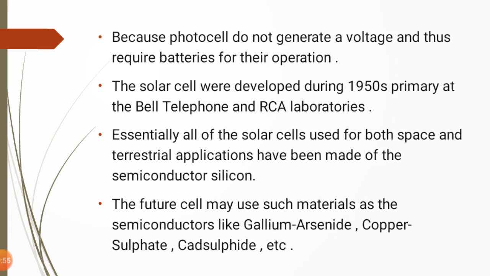For the solar cell there is no requirement of any external power supply, so it can use only solar energy for the generation of voltage. So this is the basic difference between the photocell and the solar cell.